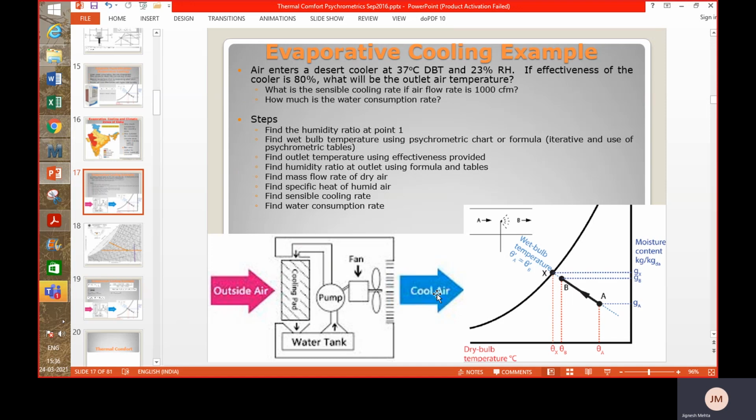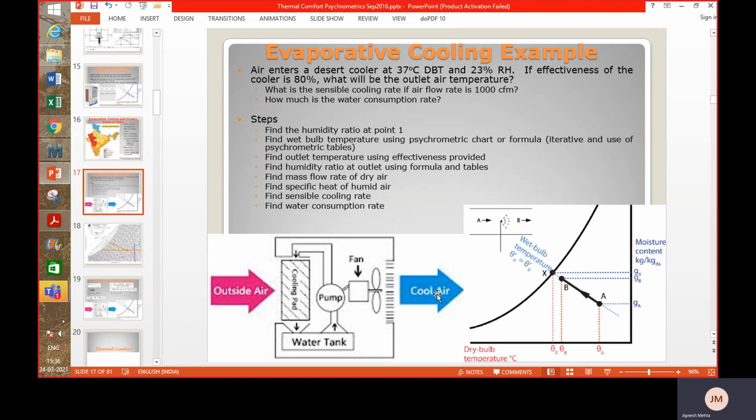Now, the psychrometric chart has certain limitations because the resolution is limited, and many things depend upon your judgment. So you might want to use a formula also, but then in this particular case, when you want to get the wet bulb temperature, the process can be iterative, and you will have to use the psychrometric tables.